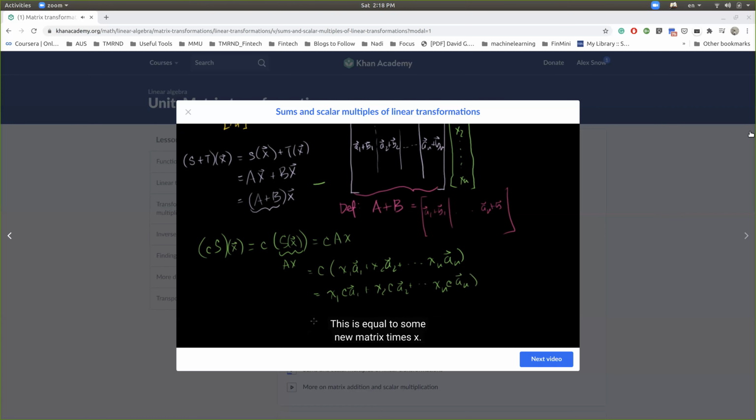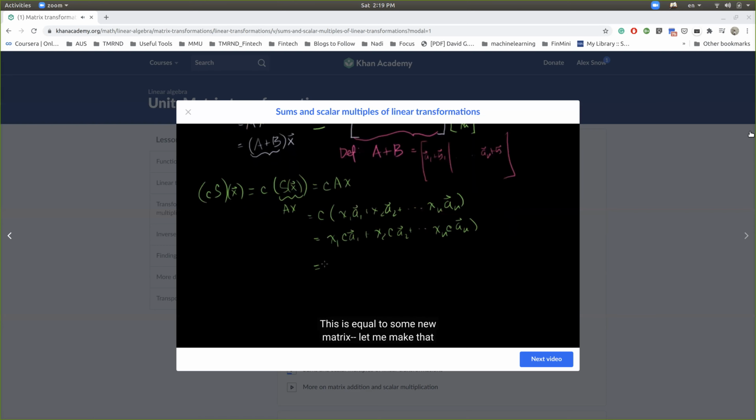This is equal to some new matrix times x1, x2, all the way to xn. And what is that new matrix? What are the columns of the new matrix? The columns of this new matrix are cA1, cA2, all the way to cAn.